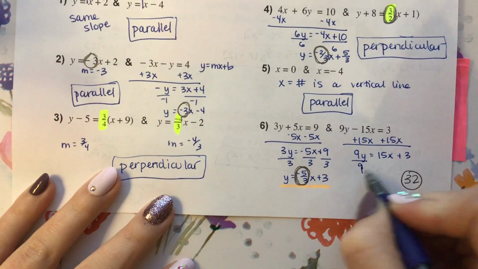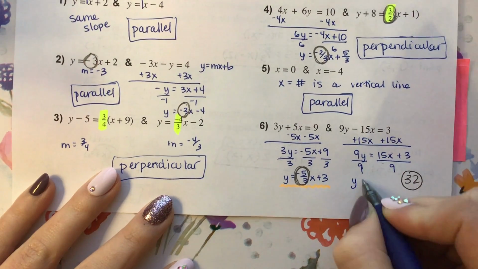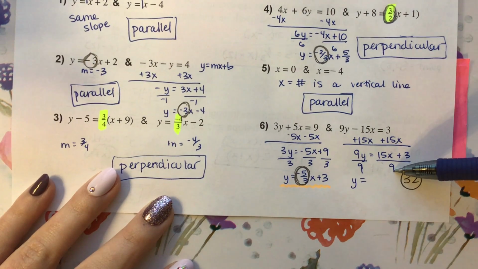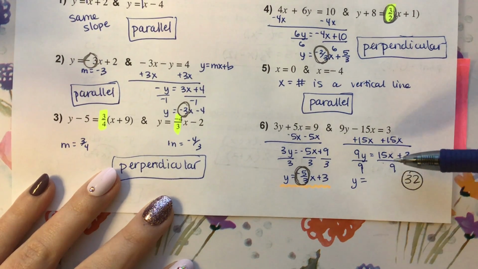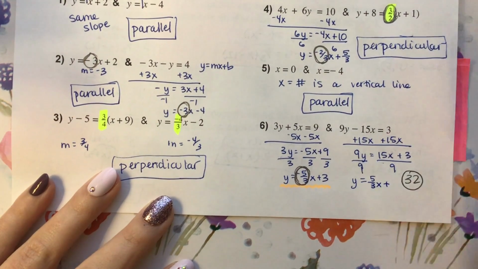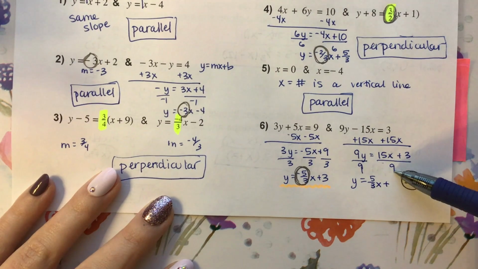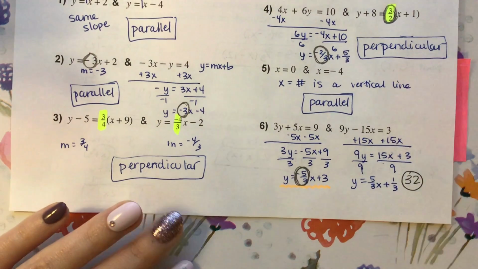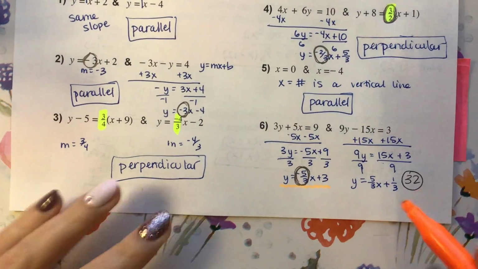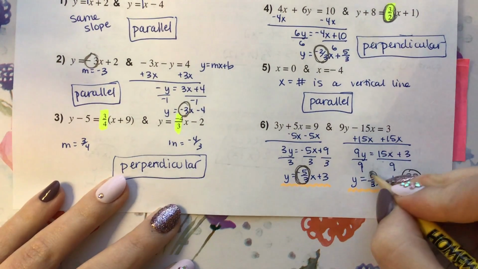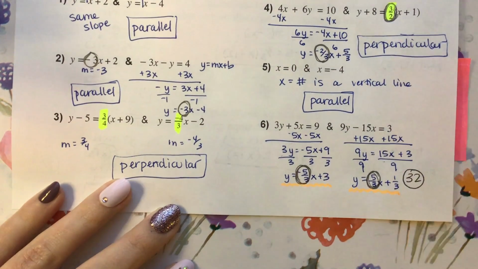So I divide by 9 on the left and the right, and I get y is equal to 15x over 9, which reduces to 5 over 3 x, plus 3 over 9, or 1 over 3. So there's my second equation, written in slope-intercept form. This one's slope is 5 over 3.